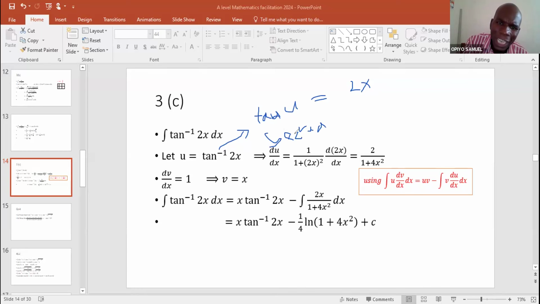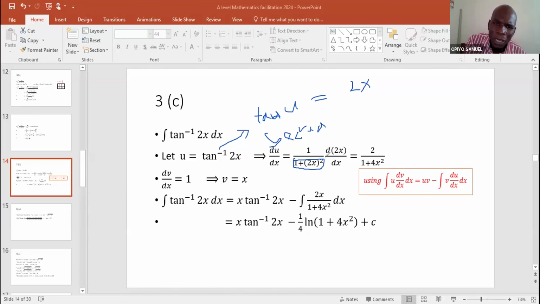Now we know sec squared is equal to 1 plus tan squared. Tan u equals 2x, which means tan squared of u is 2x squared.